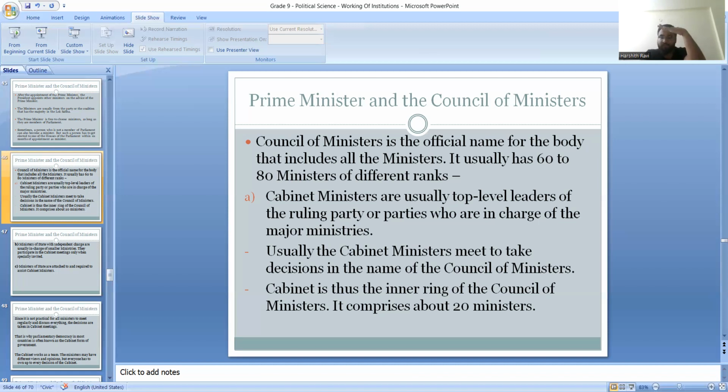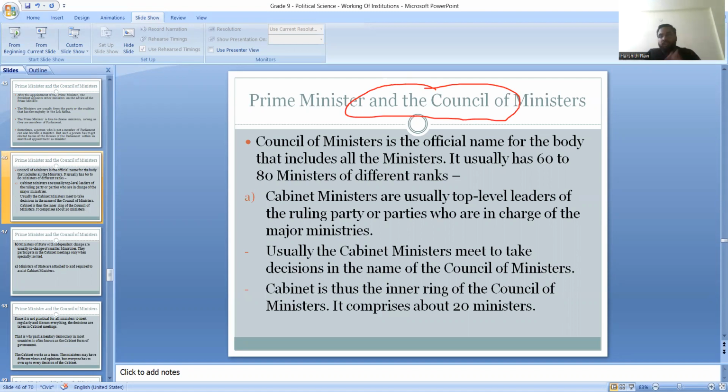Then after that, you have the second layer of ministers, which are known as the ministers of state with independent charge, right? So this term that is being used here is extremely important. Independent charge is a very important term. So basically what this means is that they are also ministers who are a part of the council, but they are given responsibilities for slightly smaller ministries, right?